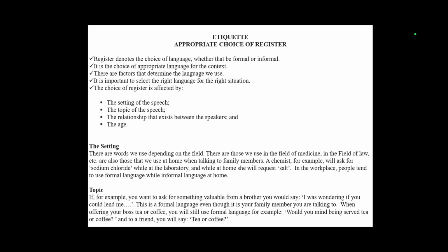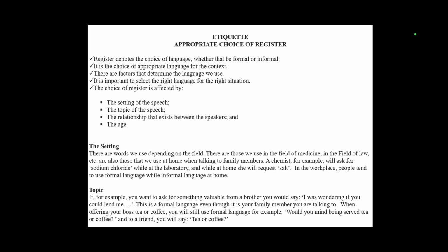There are those that we use in the field of medicine, in the field of law, etc. There are also those that we use at home when talking to family members. A chemist, for example, will ask for sodium chloride while at the laboratory, and while at home, she will request for salt. In the workplace, people tend to use formal language, while informal language is used at home.